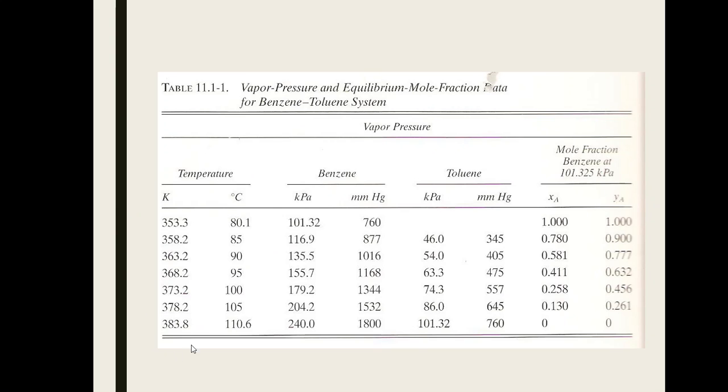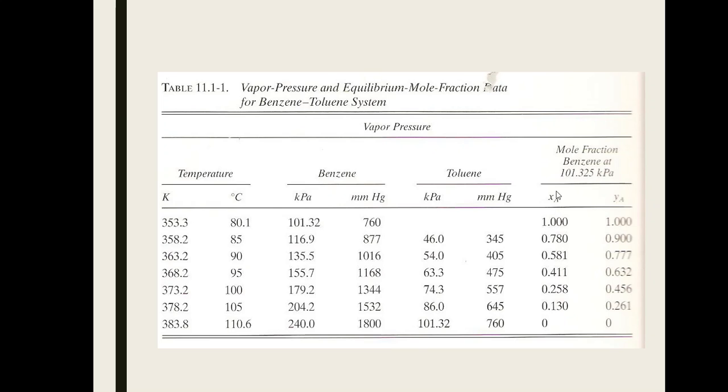So this table uses temperature. If the problem gives you the temperature, all you have to do is read here the corresponding vapor pressure of the two components at the indicated temperature. And in here you can also have their corresponding mole fractions. So in here it's solely for benzene: the mole fraction of benzene in the liquid phase and in the vapor phase.